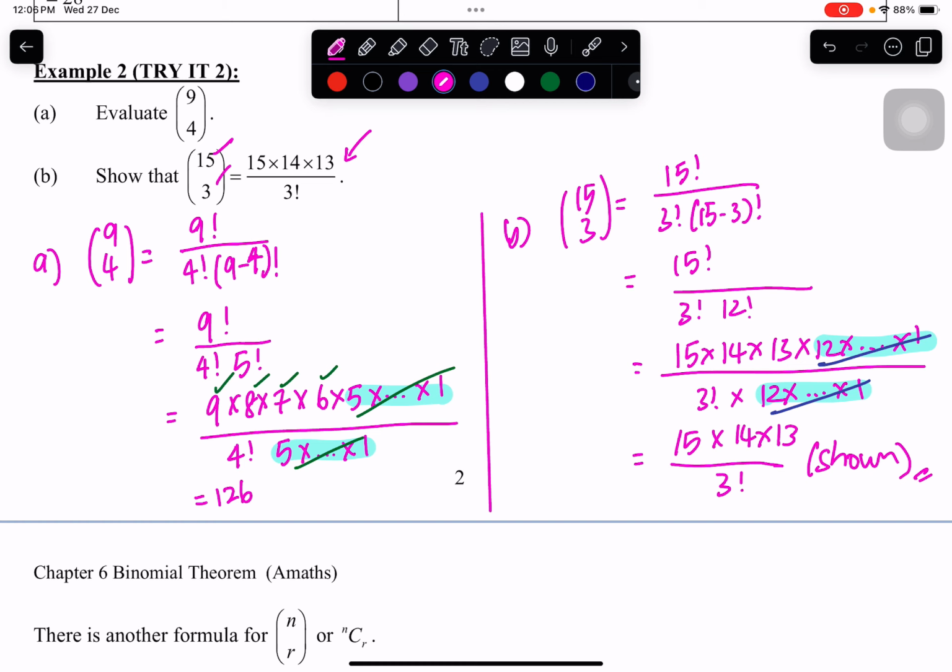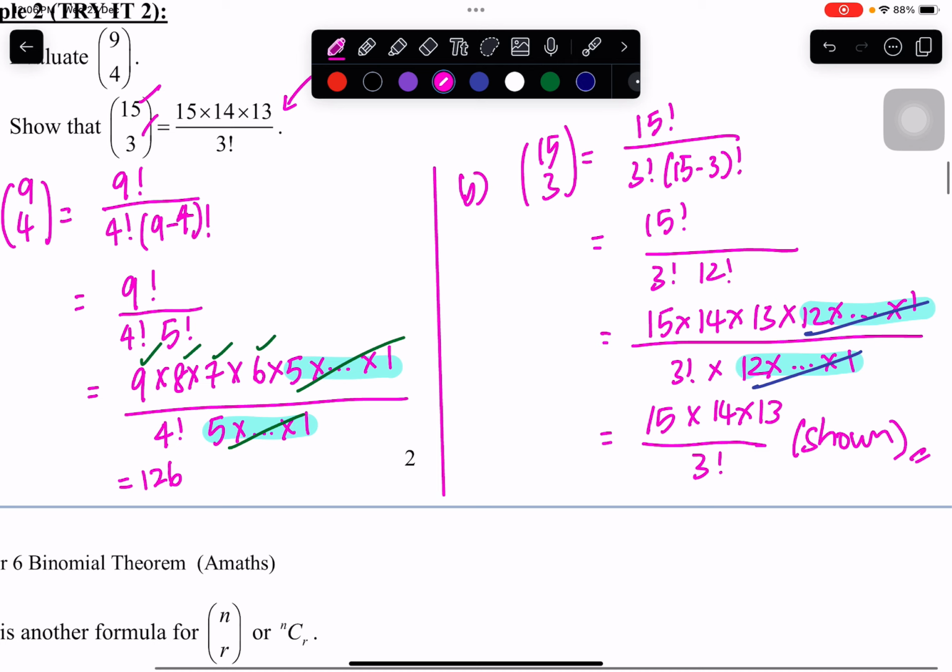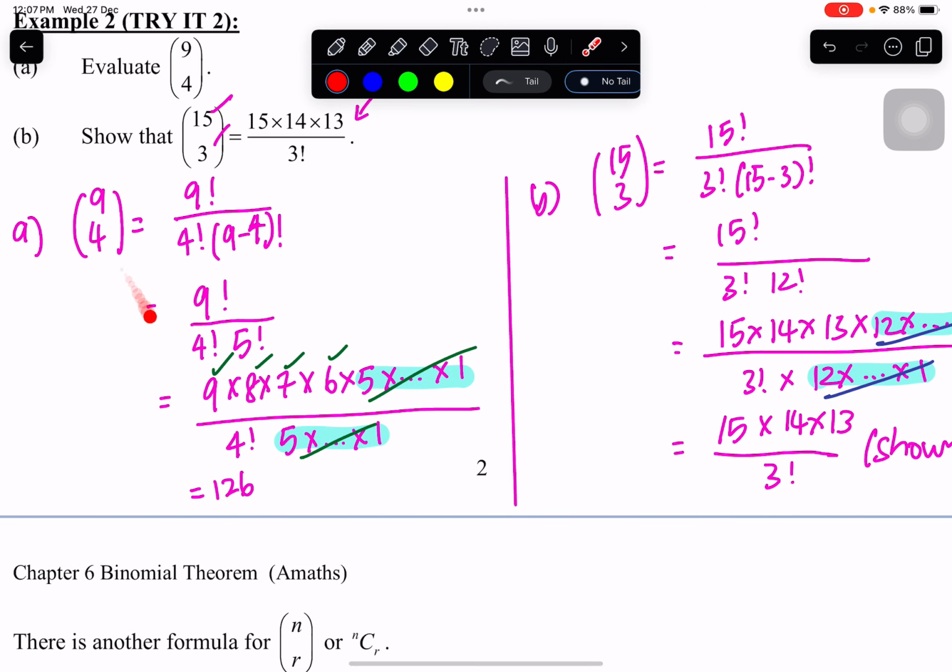Something interesting I want you to take note of. I'm not sure if you see a pattern. If I have 9 choose 4, for example, do you notice that the denominator is the factorial of the smaller number? Same thing for 15 choose 3, the denominator of the final answer is the factorial of the smaller number.